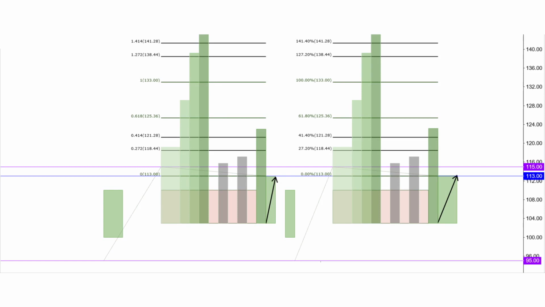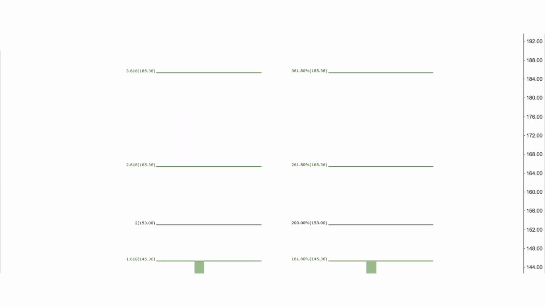This example with the base trend range expanded from $10 to $20 and the retracement raising point 3 by $10 demonstrates the effect quite well with the 3.618 level now towering at 185.36 for a $60 distance from the 0.618 level, though nonetheless this is still a distance that is 300% the distance of the base trend, exactly like the other variations of points 1, 2, and 3 at different positions.